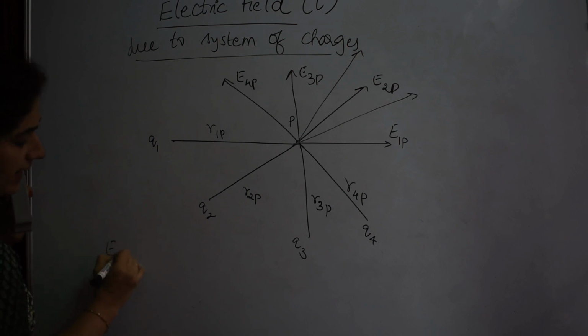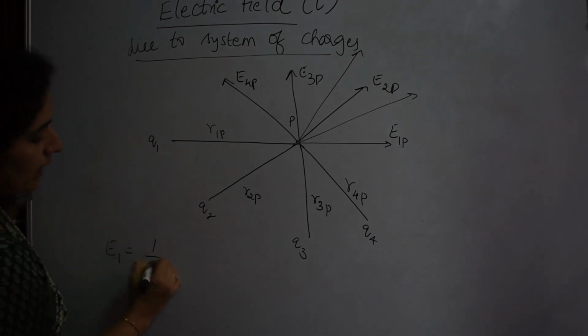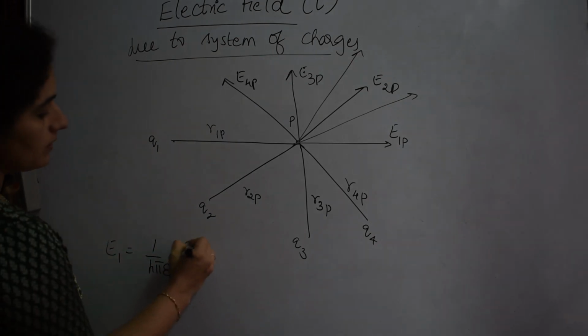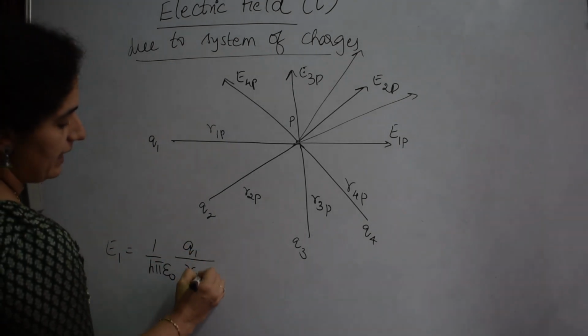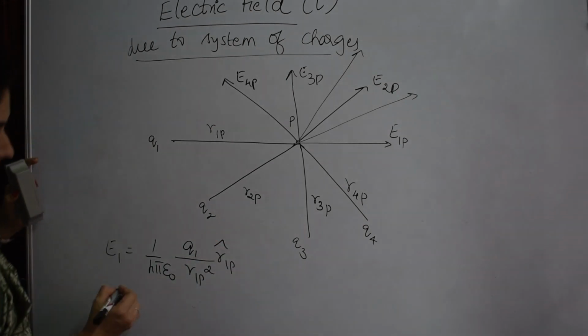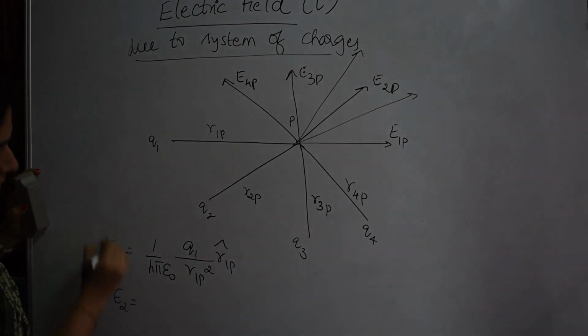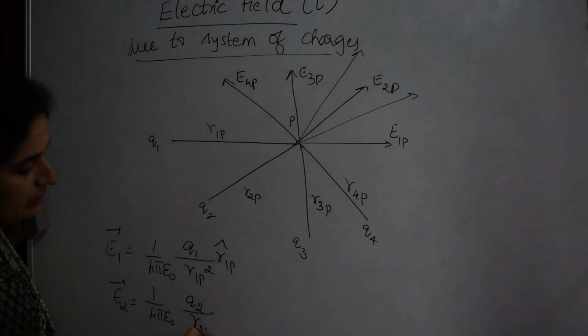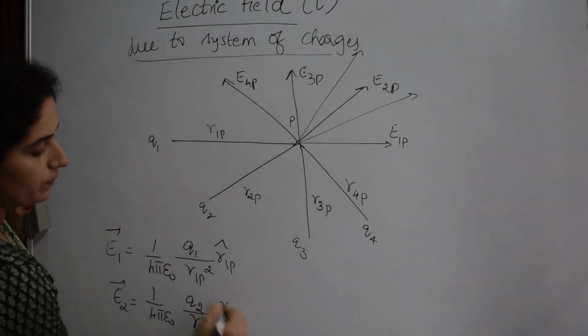Now E1 I can write as 1 by 4 pi epsilon naught Q1 divided by R1P square into R1P cap. Similarly E2 is 1 by 4 pi epsilon naught Q2 divided by R2P square into R2P cap.